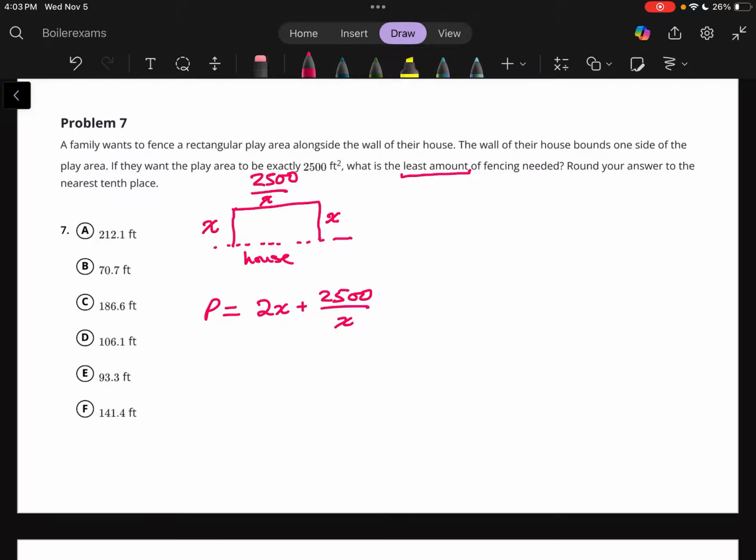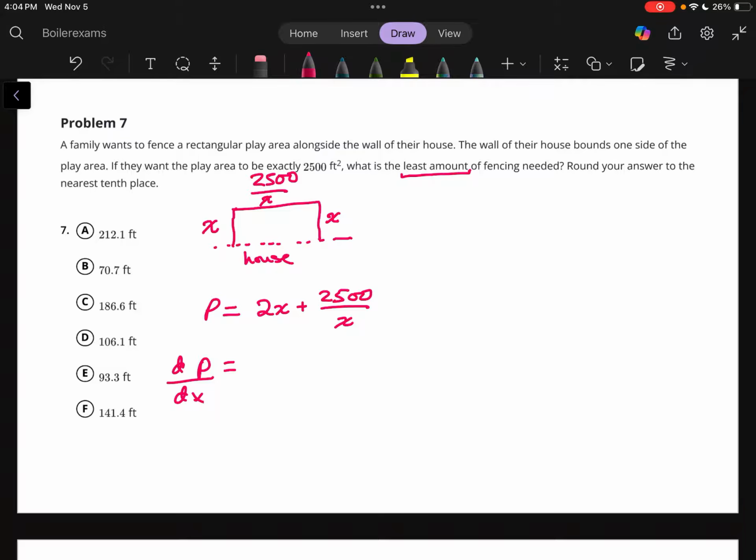To find the minimum value of this perimeter, we can take the derivative of P with respect to x. I should actually write it like this.